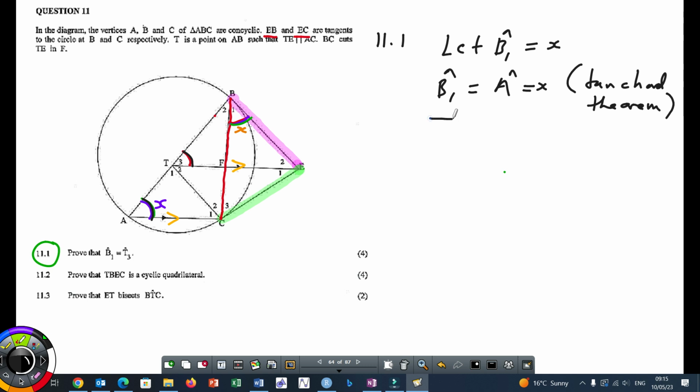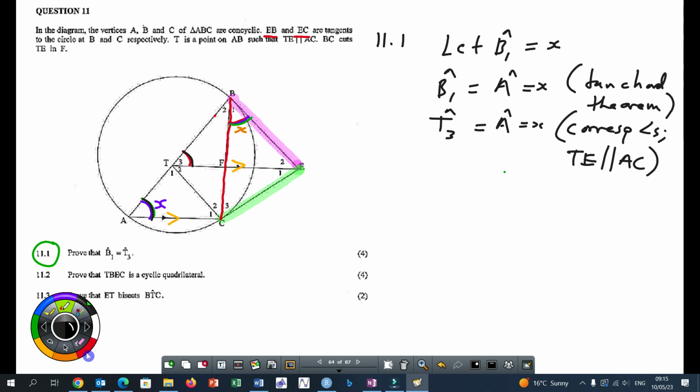So I'm going to write here angle T3 is equal to angle A. They are both equal to X. My reason: corresponding angles. And then we state the lines that are parallel, so that TE is parallel to AC. Okay, so I'm smiling already.